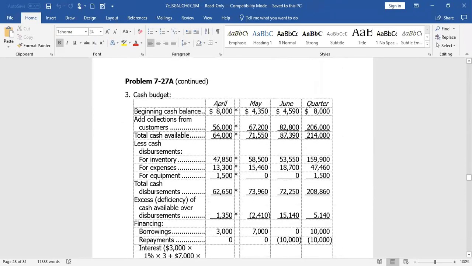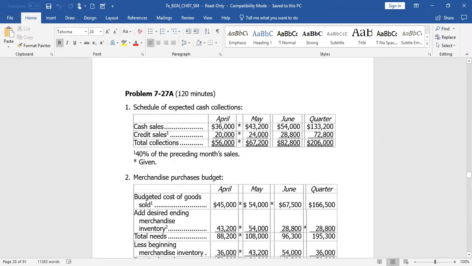Here we go. So the very first item they want us to complete is the schedule of expected cash collections. They give us the information in April. Cash collected, $36,000. Credit sales collected, $20,000. Total collections.